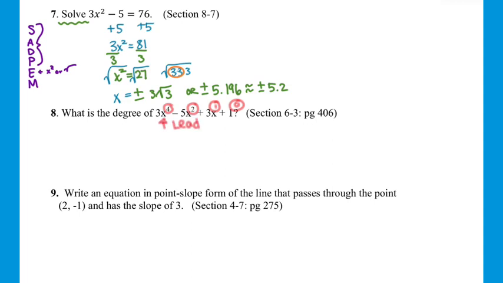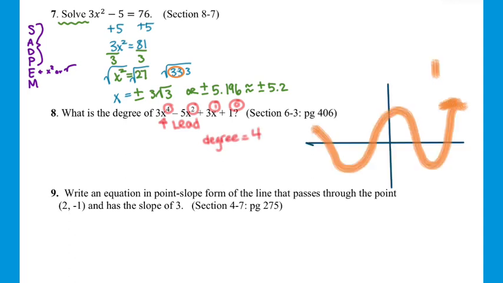The lead coefficient is 3, but the lead degree is 4. And why do we even care about that? Because that reminds us that in the future, whatever the degree is, that's how many x-intercepts they'll have in Algebra 2. Ours have all been squares, so there have been 2 x's that we've been solving for.